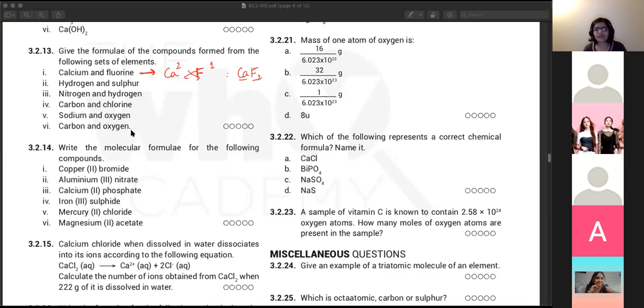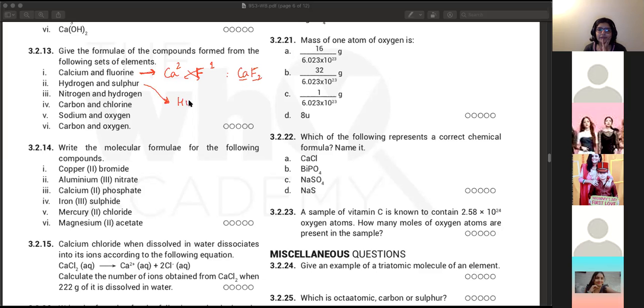So it's easy, once you know the valency you'll be able to do it easily. Next is hydrogen and sulfur, right? So what compound will be formed from these? Hydrogen sulfide. Okay.